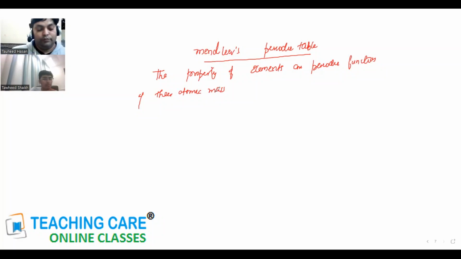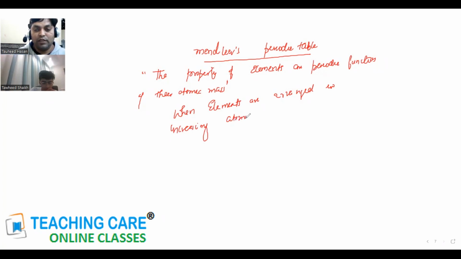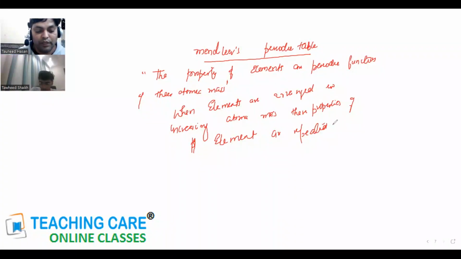Okay. So it means to say that when elements are arranged in increasing atomic masses, then properties of elements are repeated after a regular period.